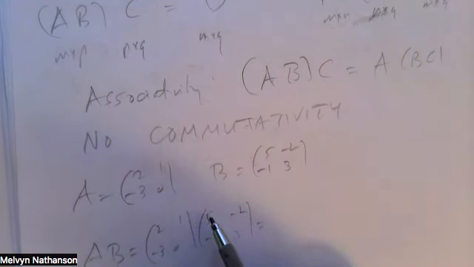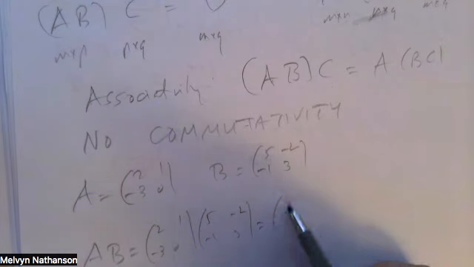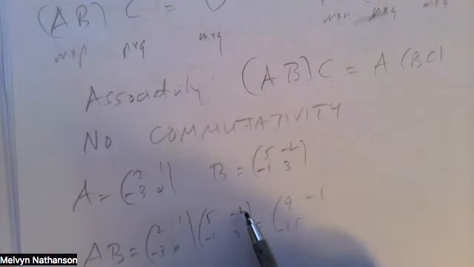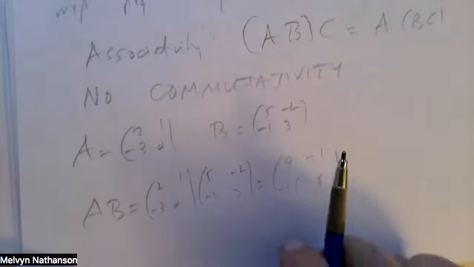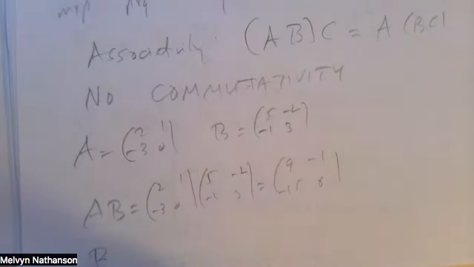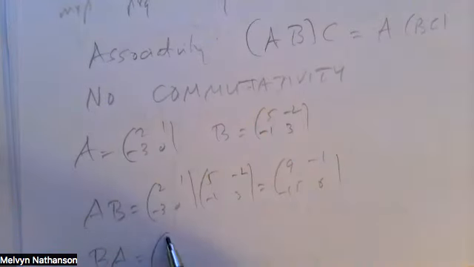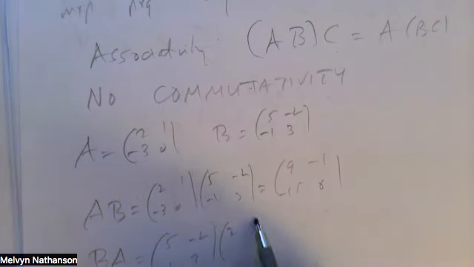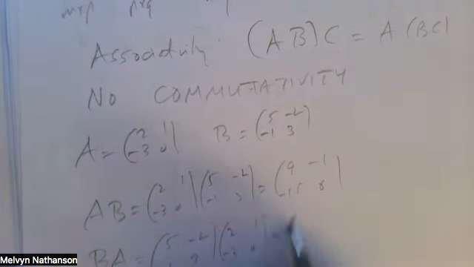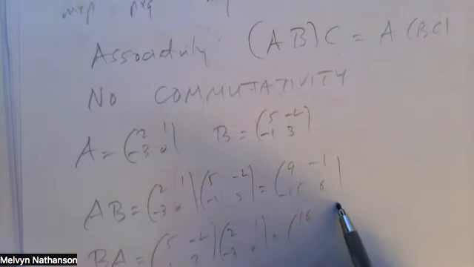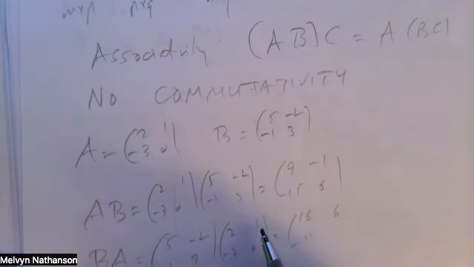When I multiply them, I get 10 minus 1, minus 4 plus 3, minus 15, 6. When I multiply them in the opposite order, B times A, 5, minus 2, minus 1, 3, times 2, 1, minus 3, 0, I get 10 plus 6, 5, minus 2 minus 9, minus 1.